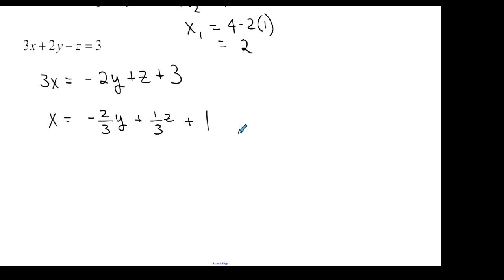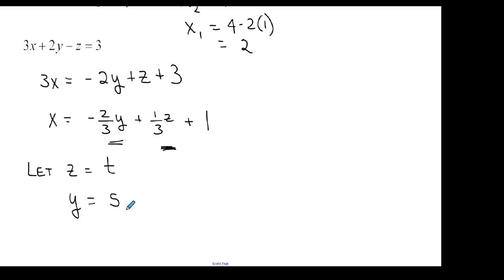So rule of thumb, we start with the last variable, the z, and we name it t. Then we take the next variable, which would be y, and we call it s.